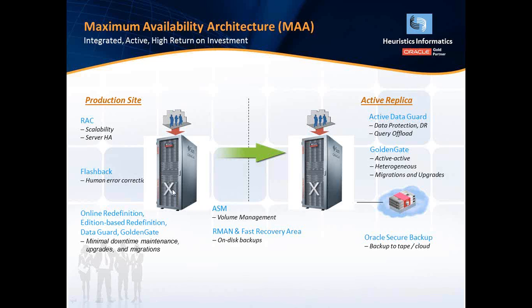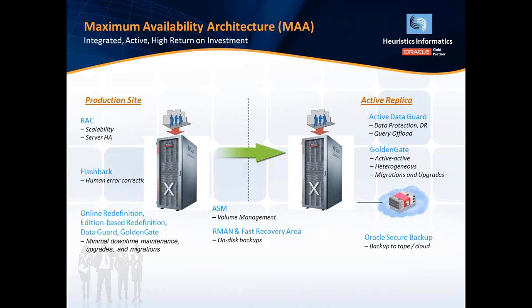Then you've got ASM, which handles all your storage, which will allow you to have high availability on the storage side by configuring redundant disk groups, or failure groups as they're called. RMAN and fast recovery areas will allow you to have backups that can be put on disk and quickly recovered from if need be.